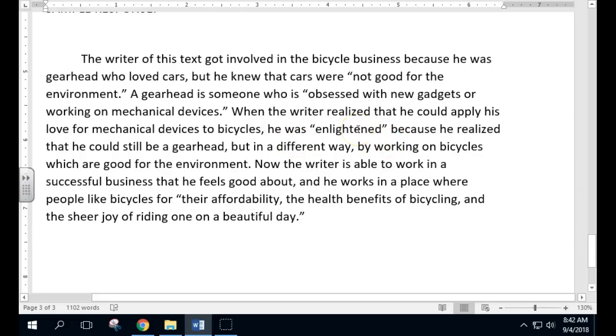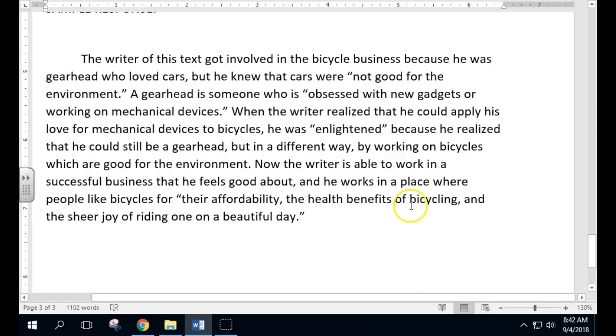I put quotation marks around that because it came straight from the text, because he realized that he could still be a gearhead. So I'm connecting this part up here to what made him happy. He realized that he could still be a gearhead, but in a different way by working on bicycles, which are good for the environment. And then I thought about, the question asked how or why did he get involved in the bicycle business?